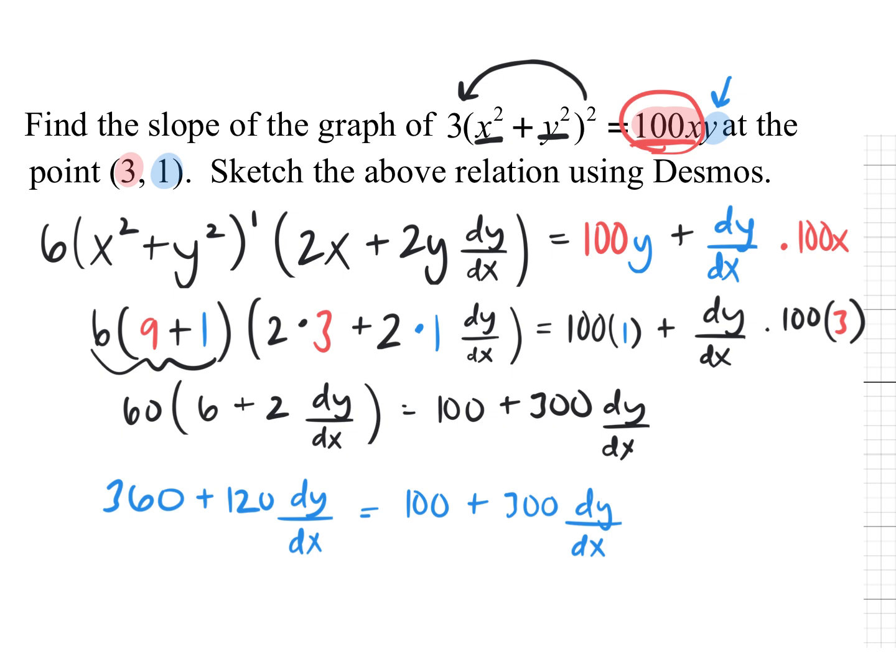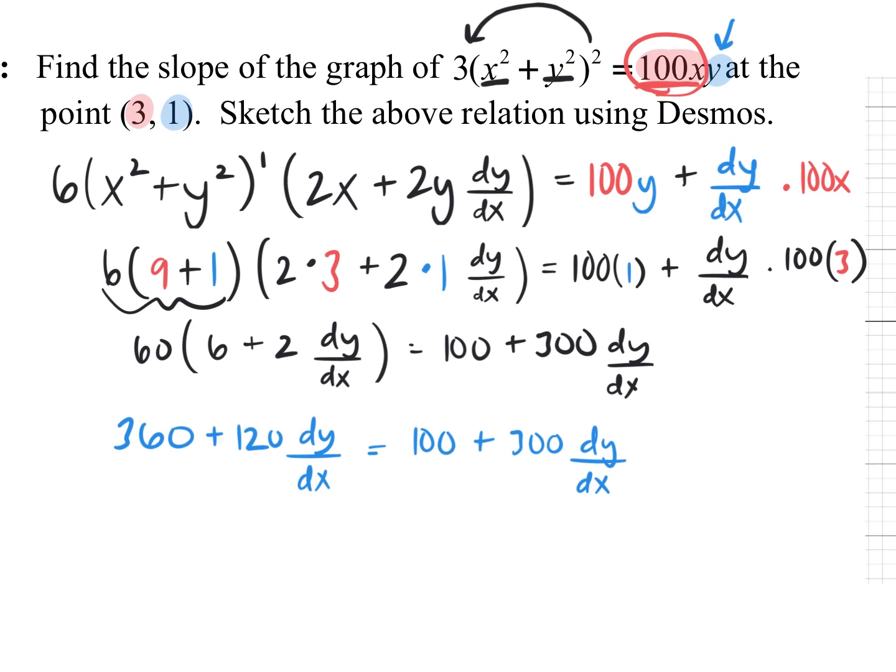Okay, now I just got to get all my dy/dx's on one side. So I'm going to move that 120 dy/dx over to the other side. So 300 minus 120 is going to give me 180 dy/dx. And then move that 100 to the other side. Wait, so I moved the 120 over to the right, and then I move the 100 over to give me 260.